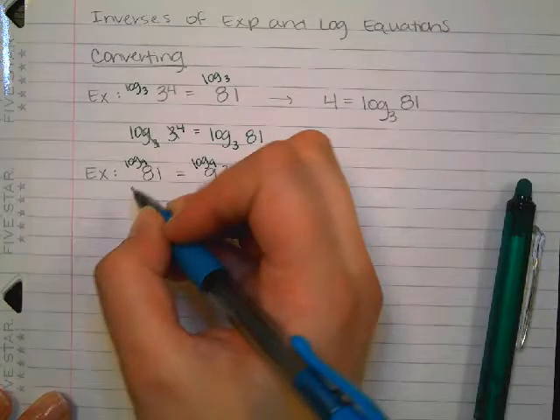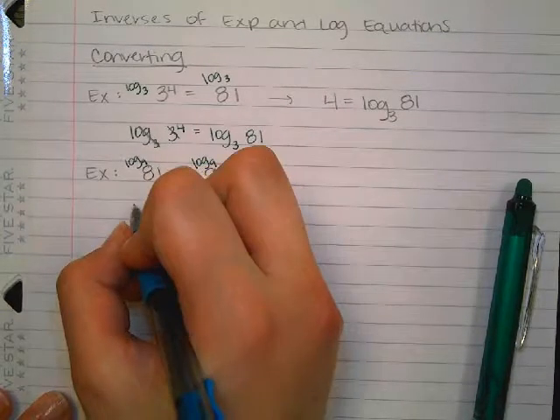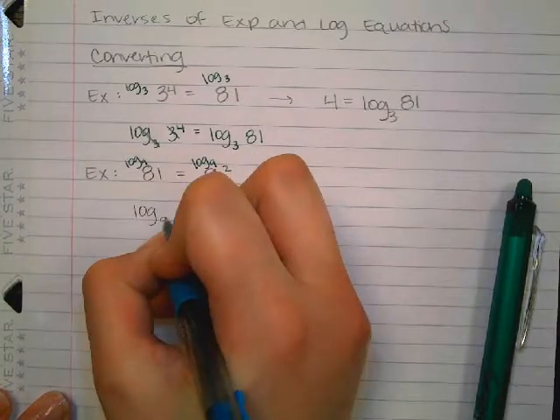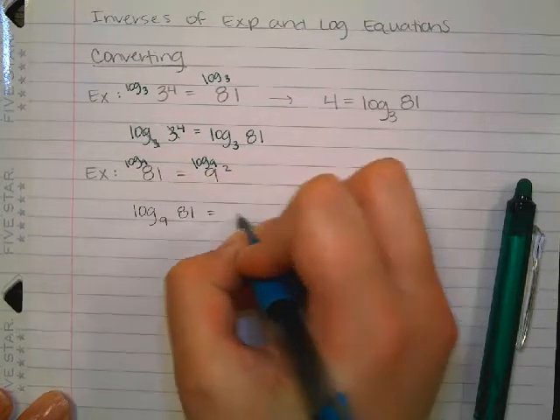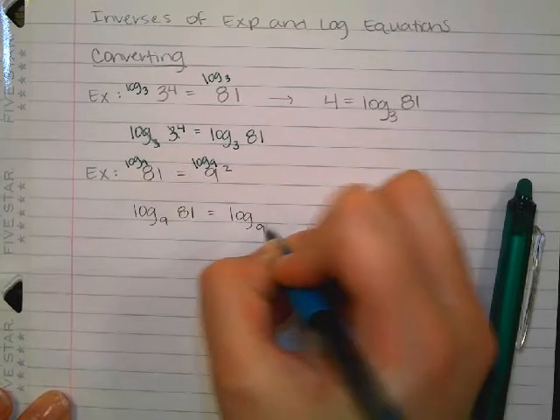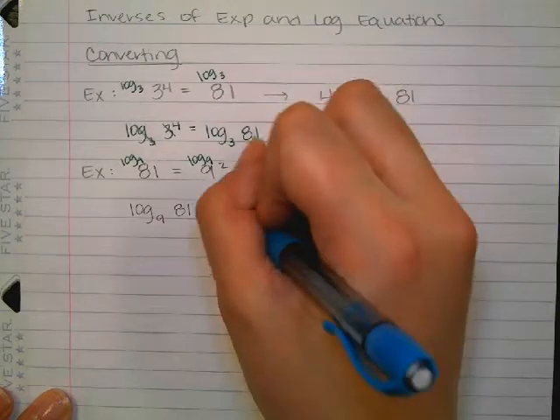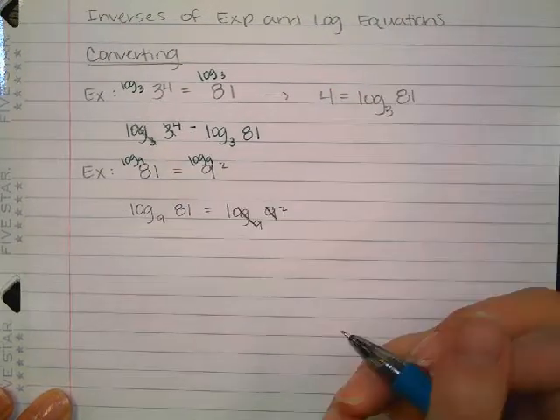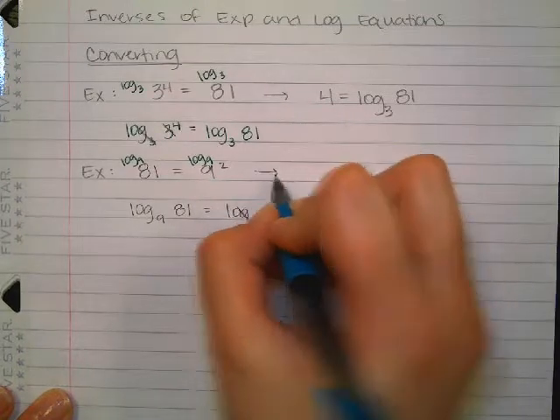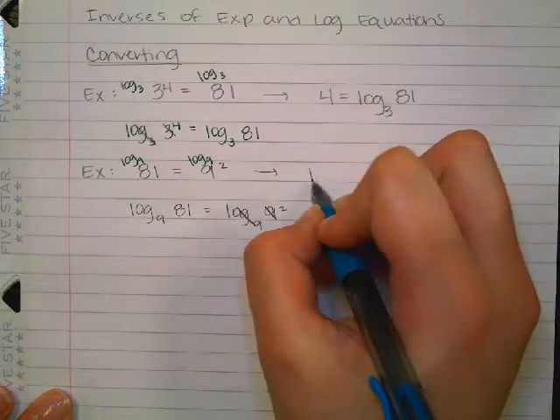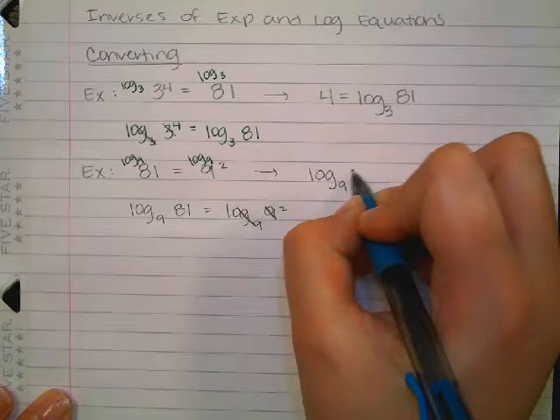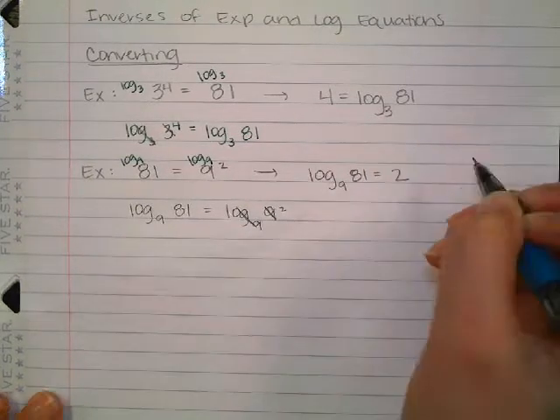So I have log base 9 of 81 equals log base 9 of 9 to the 2nd power. The log base 9 and the base of 9 cancel out. So when we convert it from one form to the other, we get log base 9 of 81 equals 2.